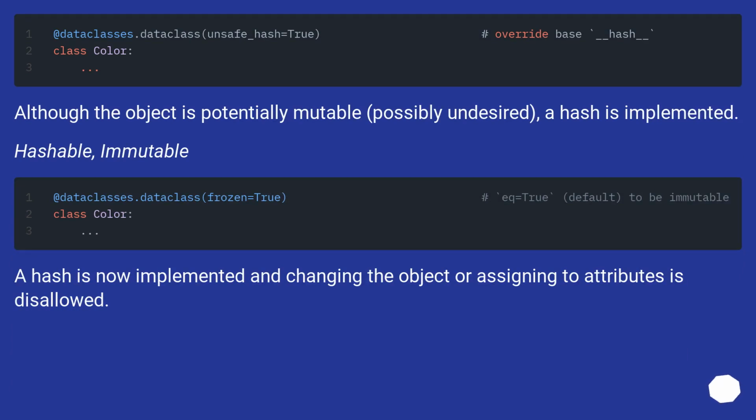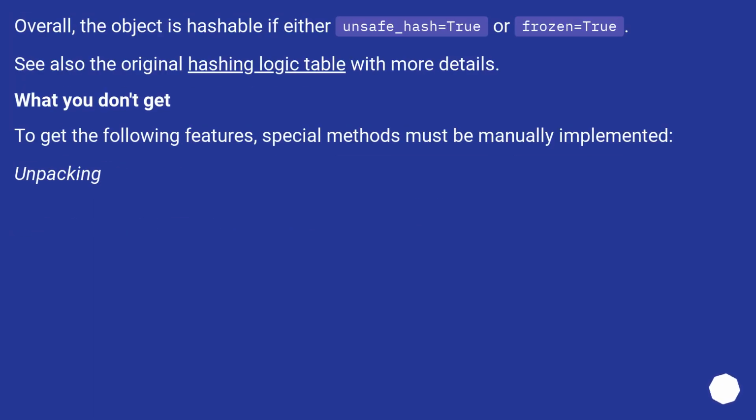Hashable, immutable: a hash is now implemented and changing the object or assigning to attributes is disallowed. Overall, the object is hashable if either unsafe_hash=True or frozen=True. See also the original hashing logic table with more details.